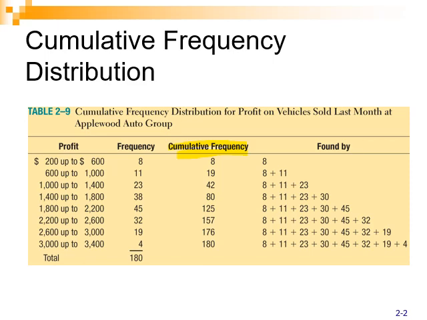In the first class, we don't have a frequency before, so the cumulative frequency stays the same, equal to 8.